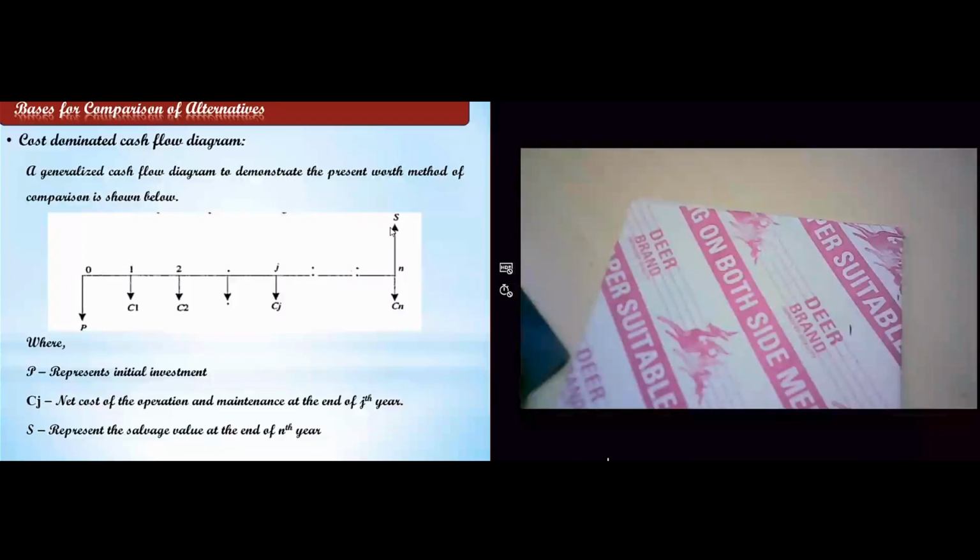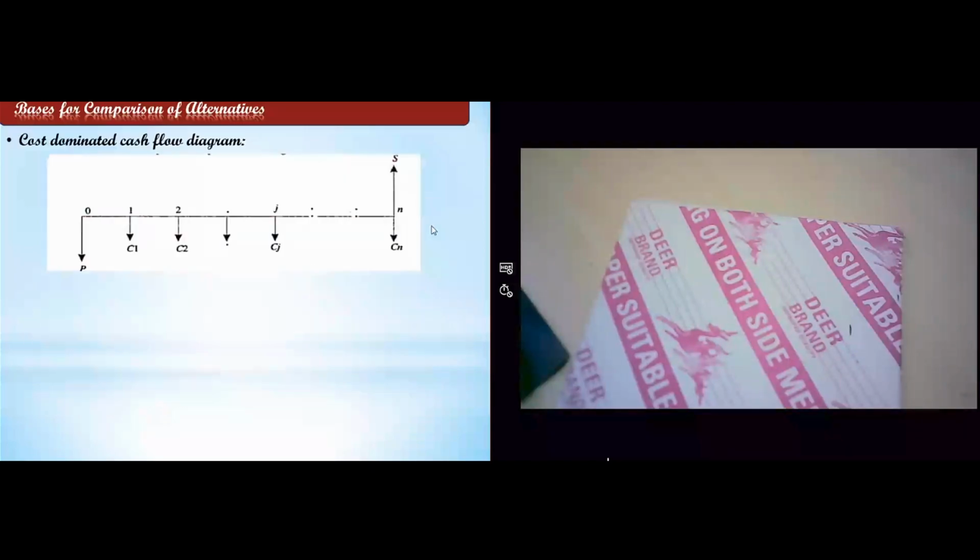So here the sign convention is that all the cost parameters are taken as positive and the revenue component is taken as negative. That means the arrows pointing downward are taken as positive and the arrows pointing upward are negative. That is the cost dominated cash flow diagram.